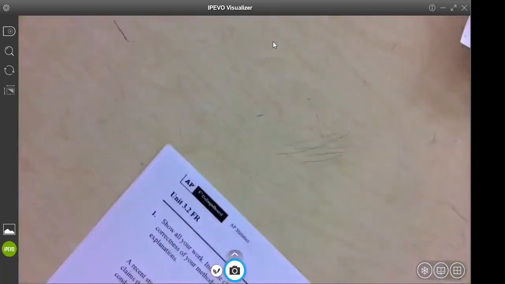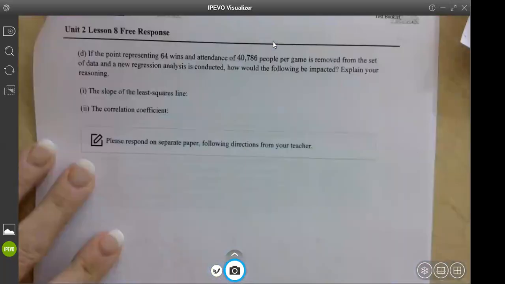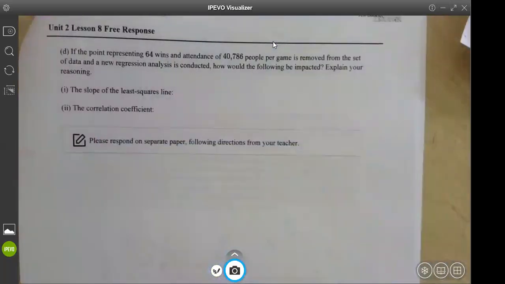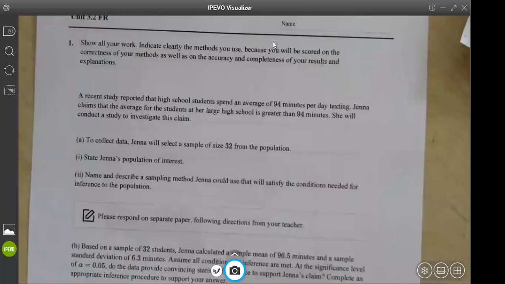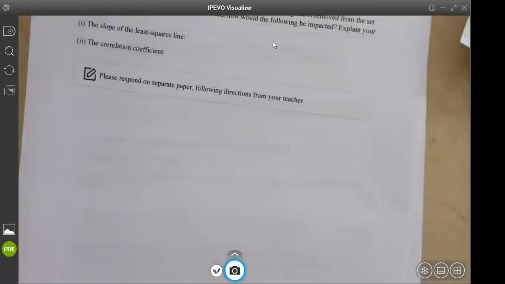All right, part D. If the point representing 64 wins and attendance of 40,786 people per game is removed from the sets, I'm going to show you that while we're looking at this.